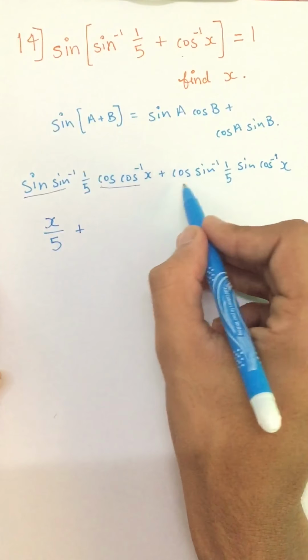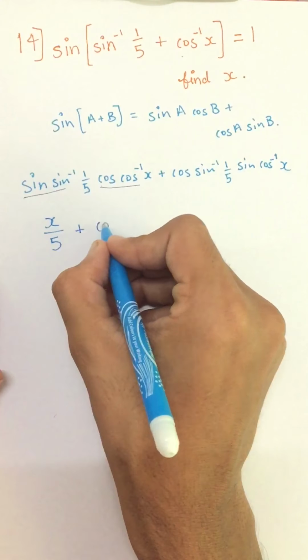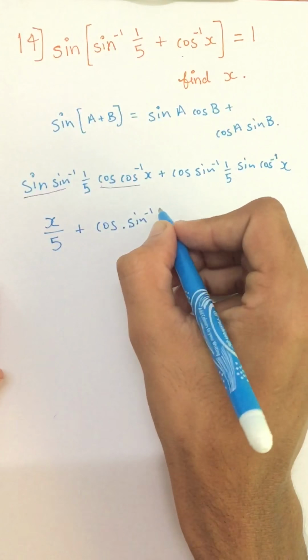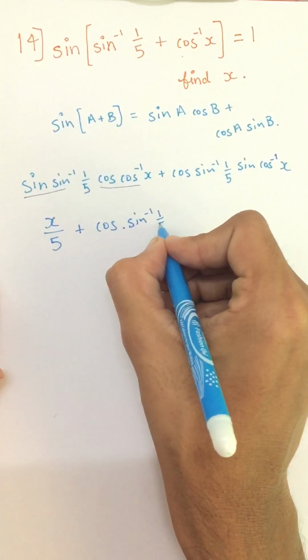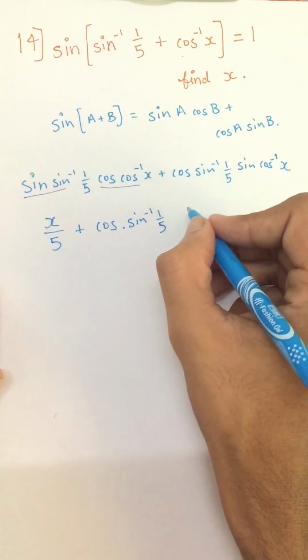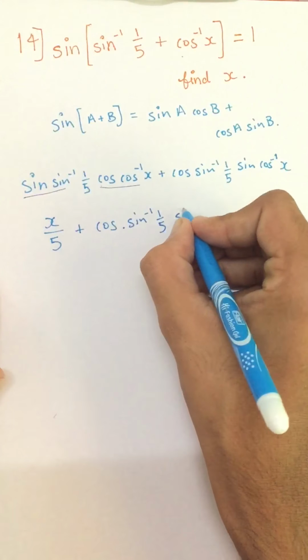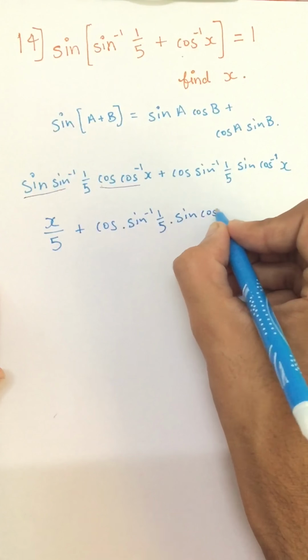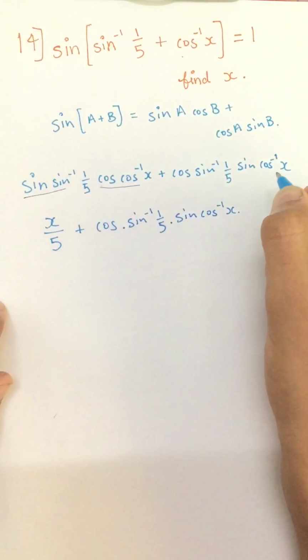plus this is the same cos of sine inverse 1 by 5 into sine of cos inverse x.